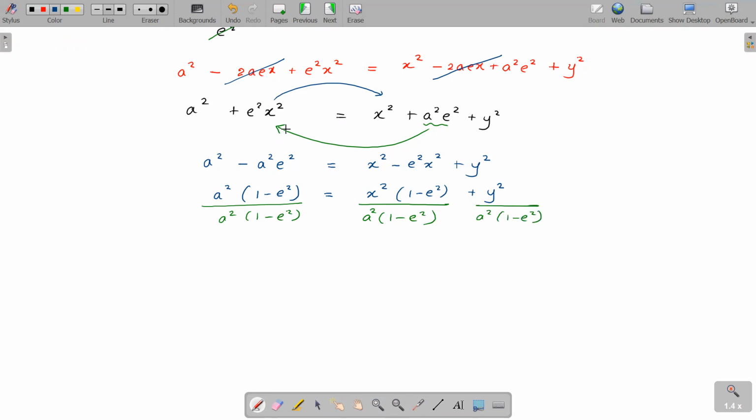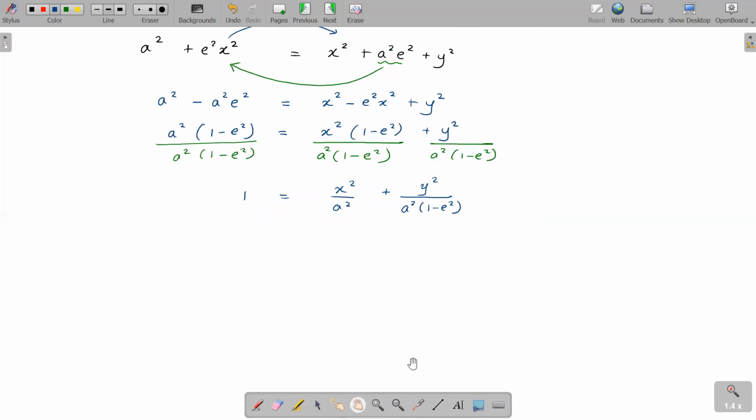So this gives me 1 equals x square over a square plus y square over a square 1 minus e square. Can you see? And now what happens? You're supposed to have here what? It's supposed to be y square over b square. X square over a square plus y square over b square.